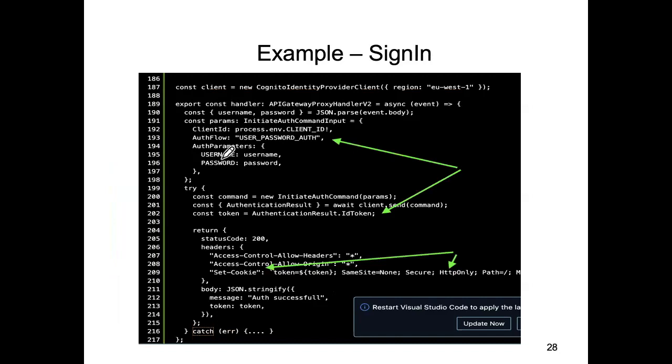Next I'm showing you the Lambda that's triggered when a user tries to actually log in or sign in. At this stage, we have what we call a confirmed user. A confirmed user is a user that has signed up and also confirmed their sign up request, if you like.